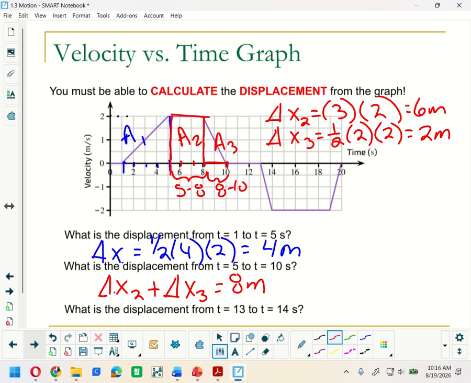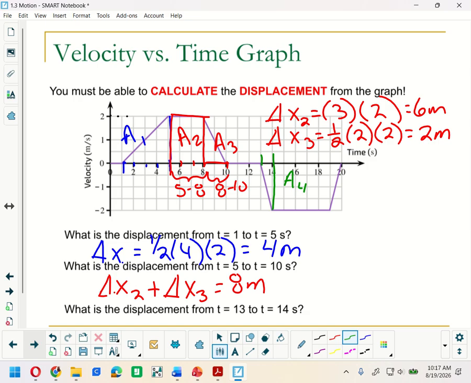You okay so far? All right, let's do this last one. The last one is from 13 to 14. So 13 right here, 14 right there. I'm going to call that one area 4. So that is a triangle, right?